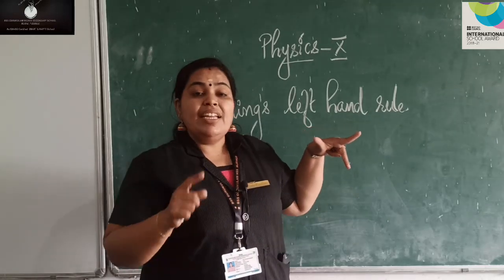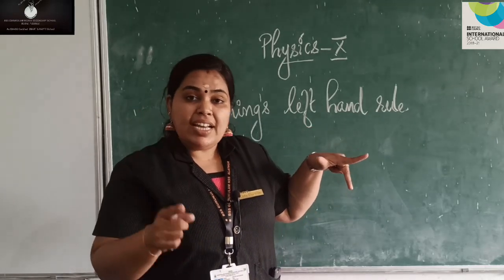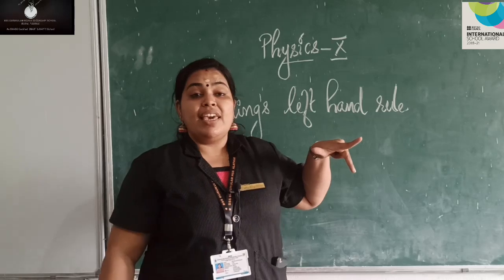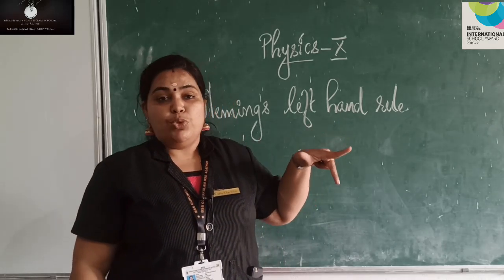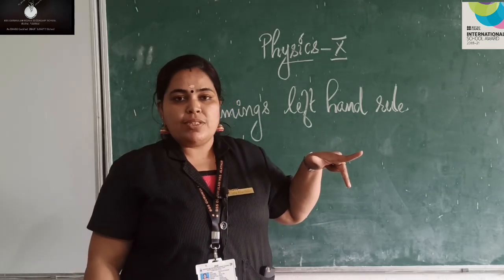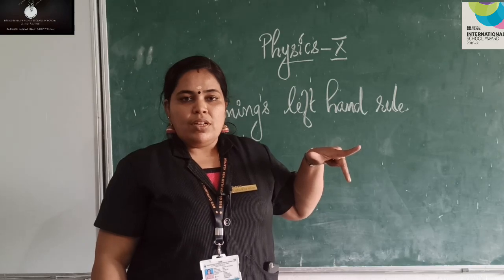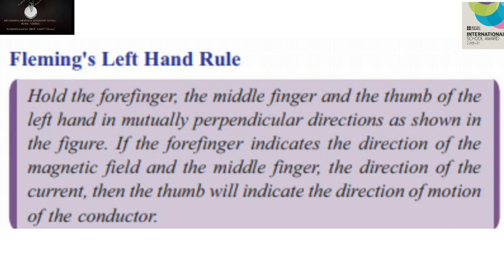Middle finger indicates the direction of current and the thumb indicates the direction of motion, or the direction of force. Is it clear? Hold the forefinger, middle finger and thumb of your left hand in mutually perpendicular directions. If the forefinger indicates the direction of magnetic field, and the middle finger the direction of current, then the thumb will indicate the direction of motion of the conductor.